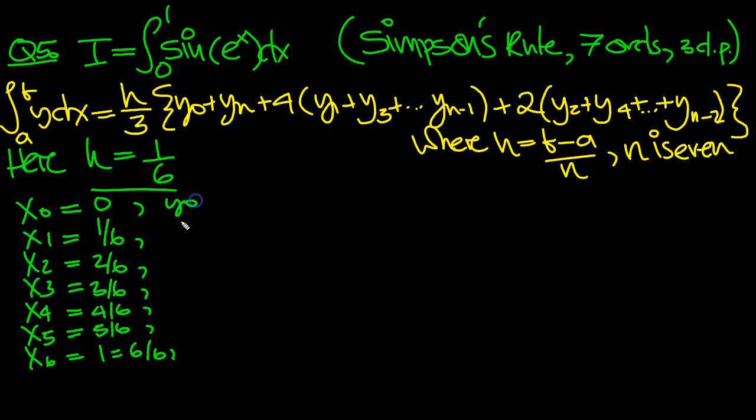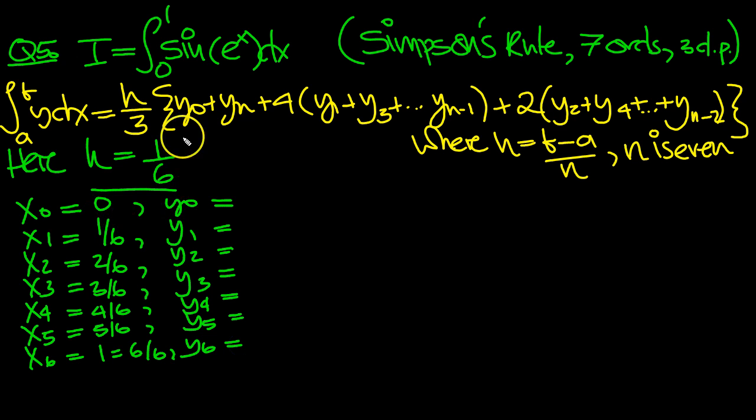Now we need the y ordinates. So we need to work those out on the calculator, don't we? So let's tap them in then. Put 0 in first. e to the 0 is 1 and it's sine 1.